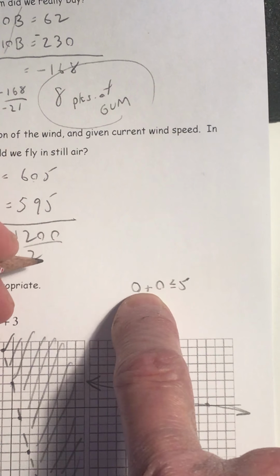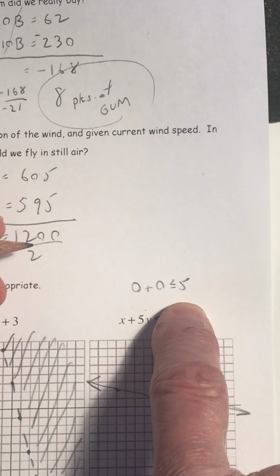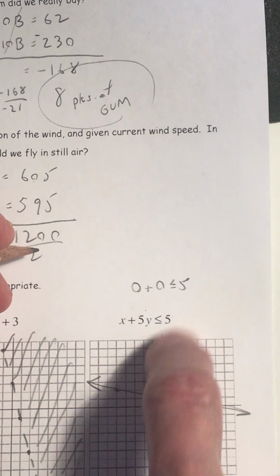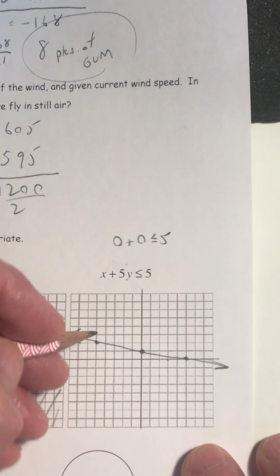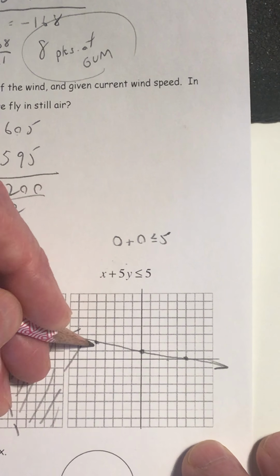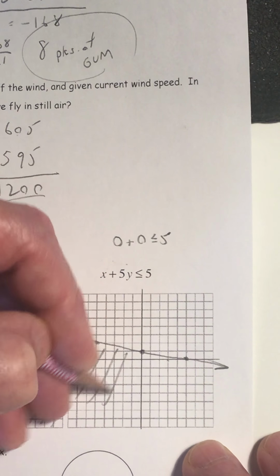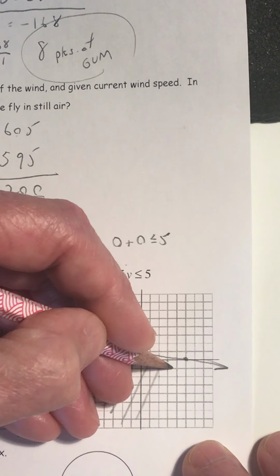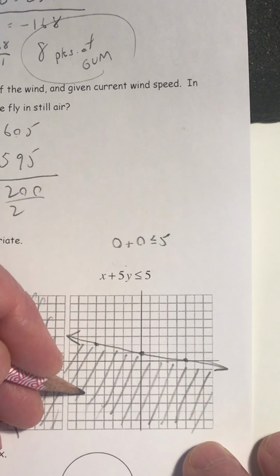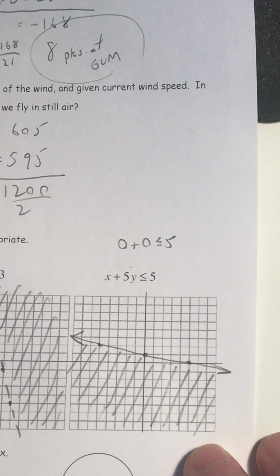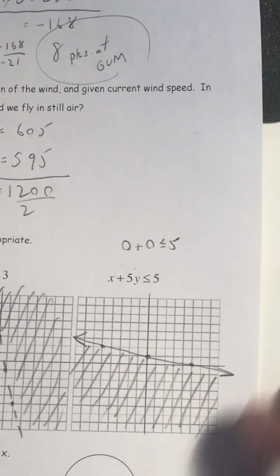Is this true? This is 0 less than 5. That is certainly true. And that means where that true point is, that's where we place our shading. So it turned out it was below that, but it won't always have that nice coincidence. Okay? Oh, that's the end of all the review stuff.